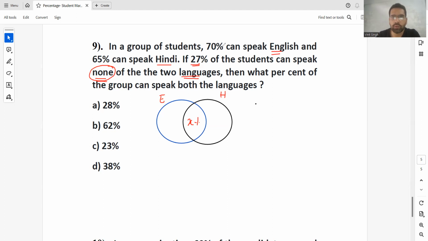So 70% can speak English. It is the Venn diagram of 70%.